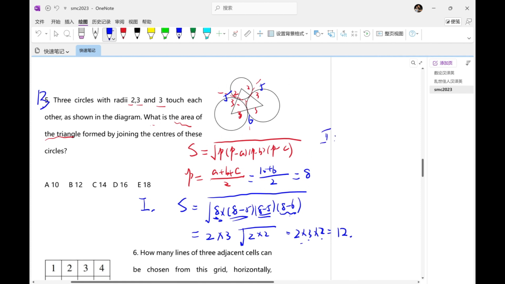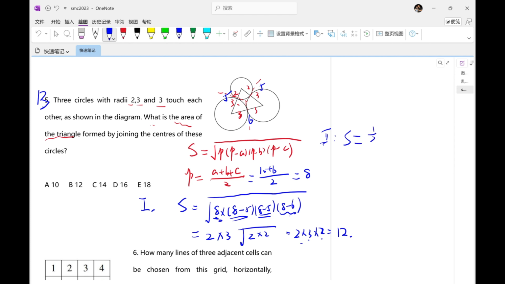For another way, we can also use the common formula. That is, S equals 1/2 times base times height. We choose 6 as its base, and for its height, because of the isosceles triangle, the median line is also the height line.